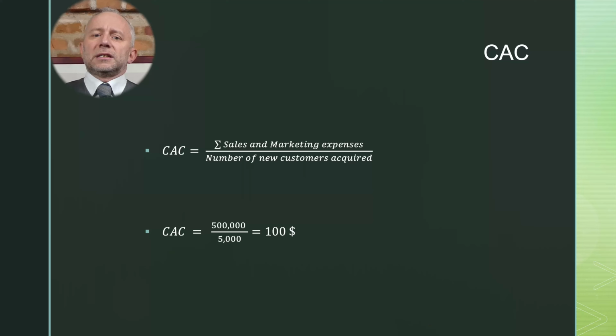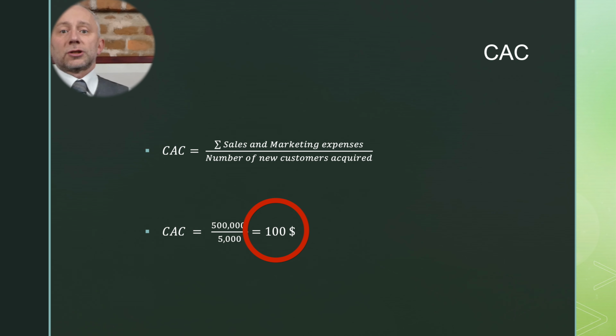Its formula is the sum of all sales and marketing expenses divided by the number of new customers acquired. For example, if you spend $500,000 on a marketing campaign and the number of new customers acquired is 5,000, your customer acquisition cost is $100 for each customer.